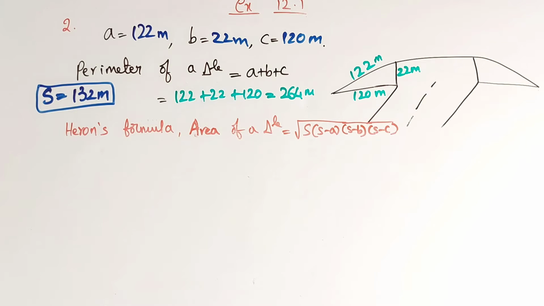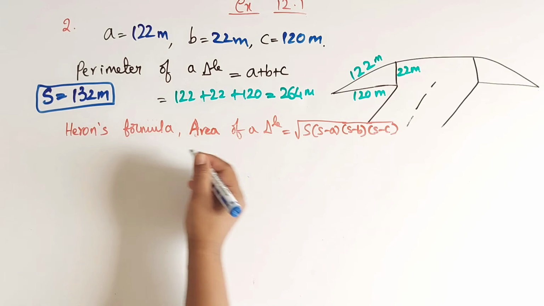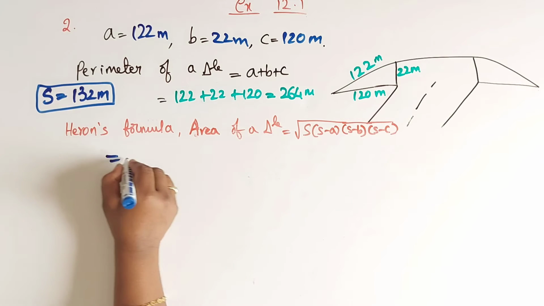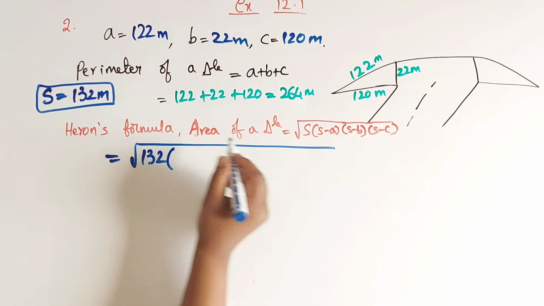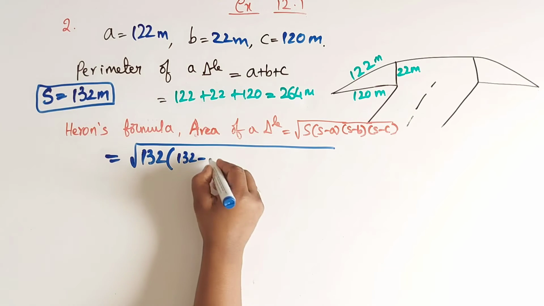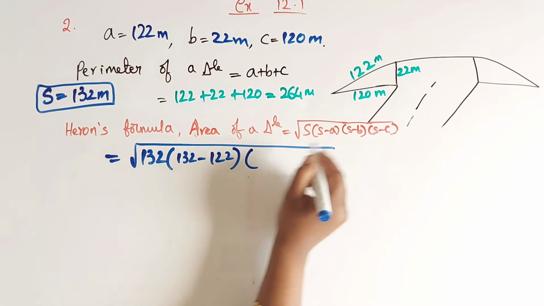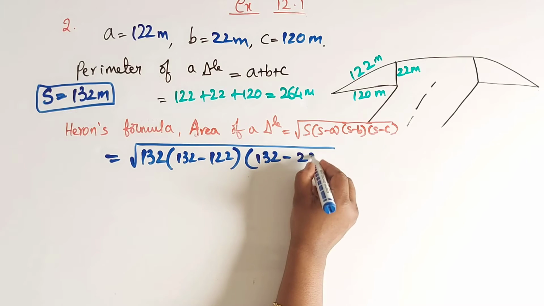So now we can find the area by using Heron's formula, which equals root of S into S minus A into S minus B into S minus C. Just substitute the values. Root of S means 132, into S minus A, that means 132 minus 122. Again S minus B, 132 minus 22.